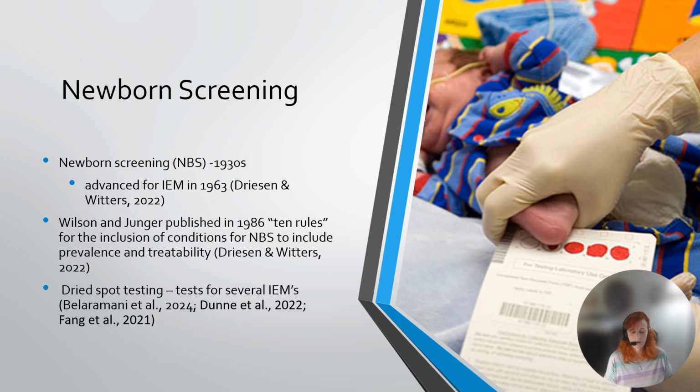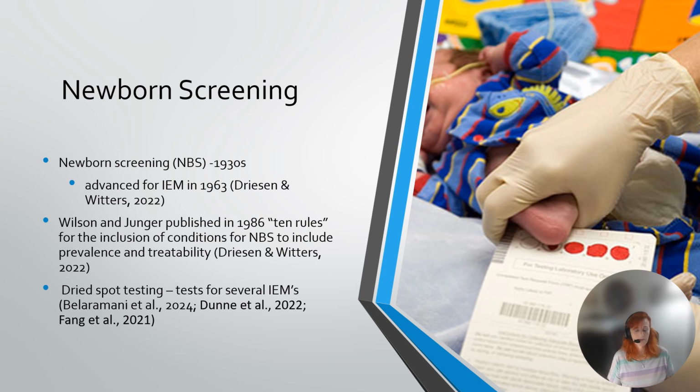And as we know, we have our dry spot testing, and again, it is a great test for several of the IEMs. So a very simple heel prick is allowing us to test. PKU is one of them.